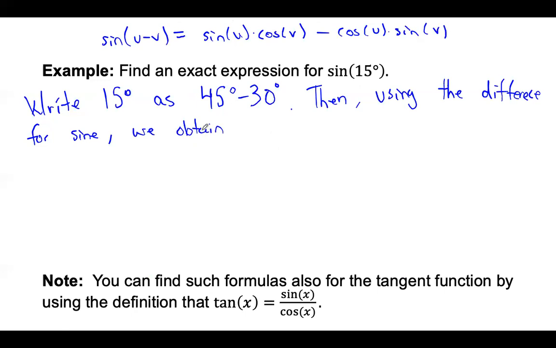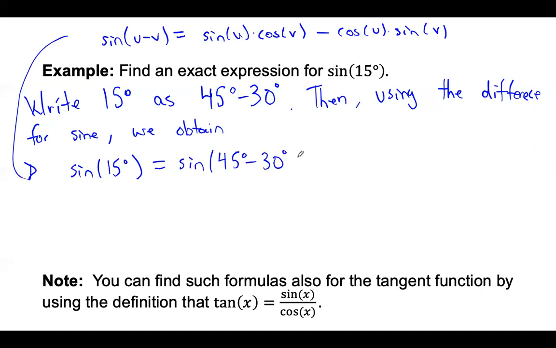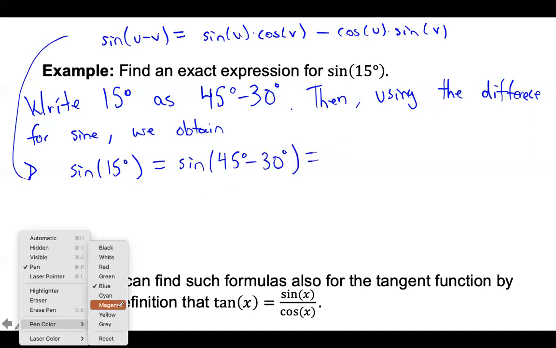So using this, we obtain the sine of 15 degrees is equal to sine of 45 minus 30. They're the same thing. And now we can just plug this in because we know what our u is.